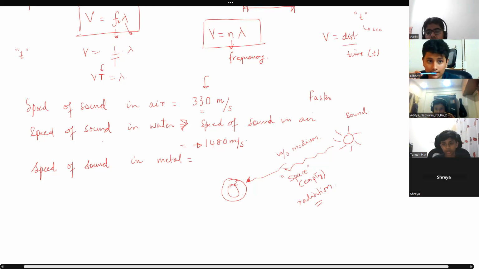Different metals will have different speeds, but if I take steel, it is around 5,000 meters per second, approximately. So it is faster than water also.